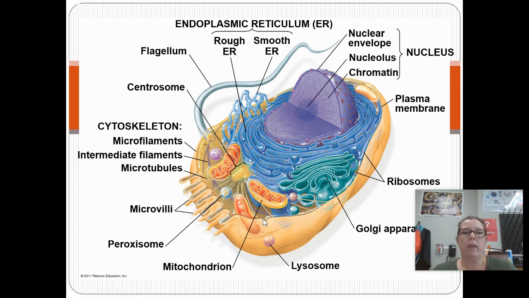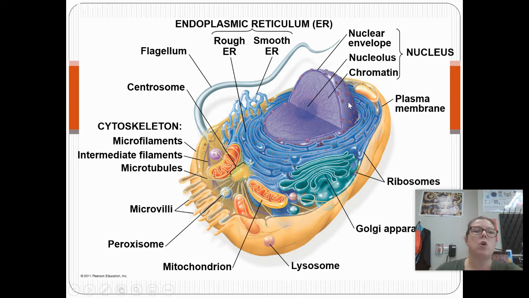And then the membrane bound side gets further divided, because you have independent membrane bound organelles that function independently, and then you have membrane bound organelles that are part of a system known as the endomembrane system.